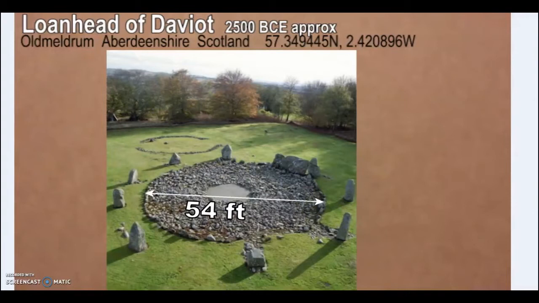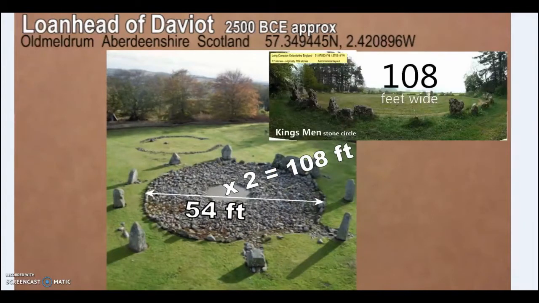What's interesting is that the inner circle here, and I wish I could get to the millimeter, but all the survey data from all the sites gives a reference of 54 feet in diameter. And that's interesting because times 2 you get 108 feet. And again, I mentioned the Kingsmen or the Rollright Stones, which incorporates other knowledge and has astronomical alignments.